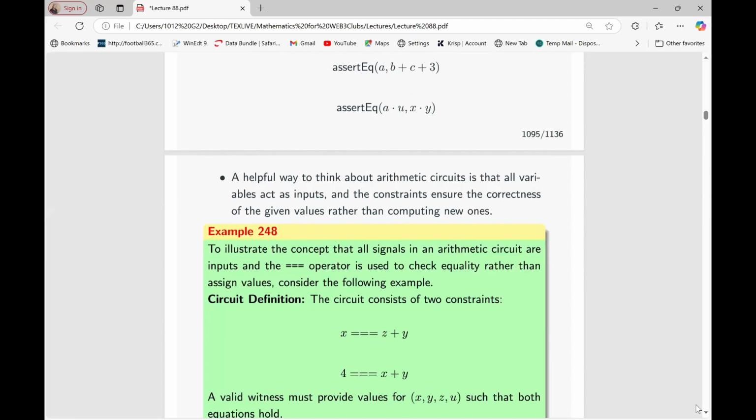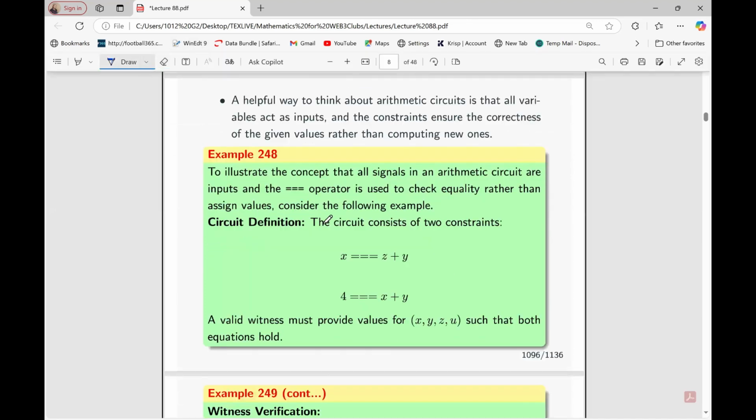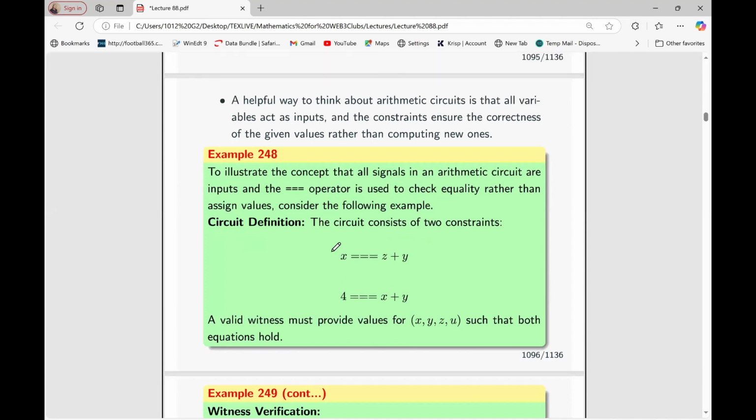We want to look at an example of an arithmetic circuit, to illustrate the concept that all signals in an arithmetic circuit are inputs, and that this operator is used to check equality rather than assign. So this example is just to verify that. This operator here, the equality sign, is used just to check equality, but it's not used to assign values.